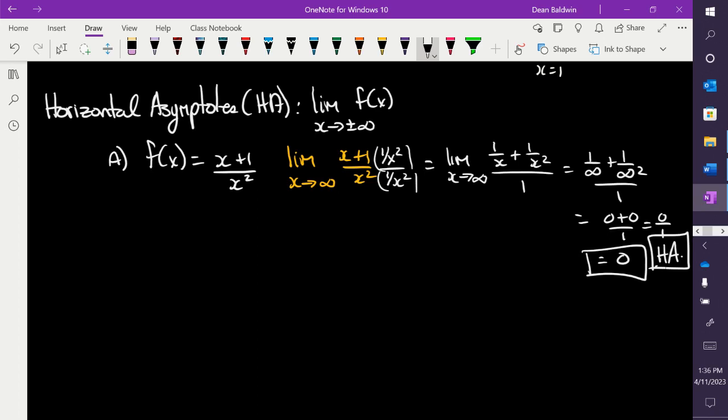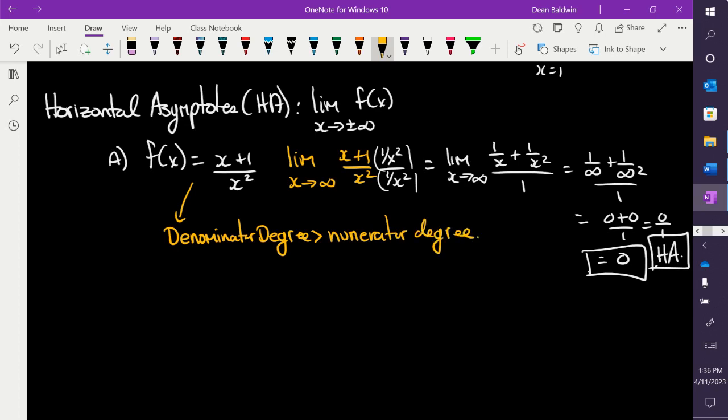In math 12, remember we had those 3 rules? And the rules were: if the denominator degree is greater than the numerator degree, then your HA is y equals 0.